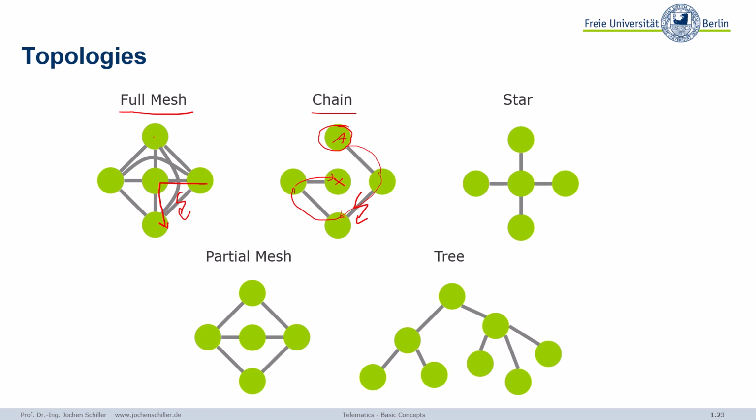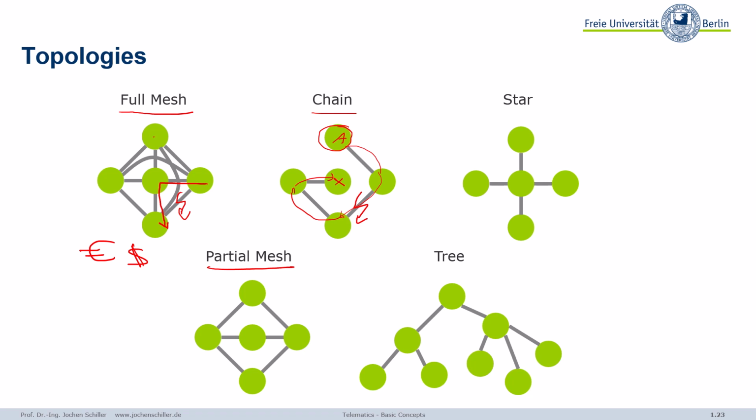So, what could we do? Well, we can create partial mesh structures. And this is one of the most common types we see in networks. We cannot afford this full mesh. That's way too expensive, no matter what currency you choose. But chains are not really fault tolerant, so partial mesh.